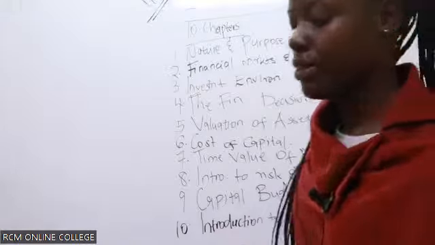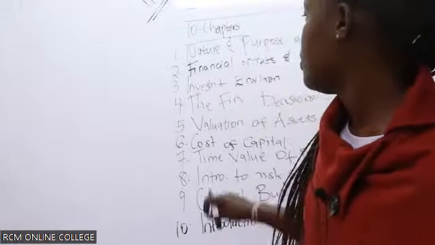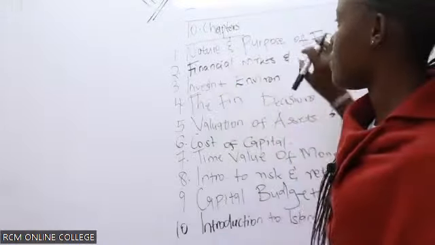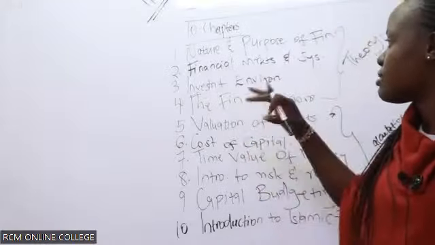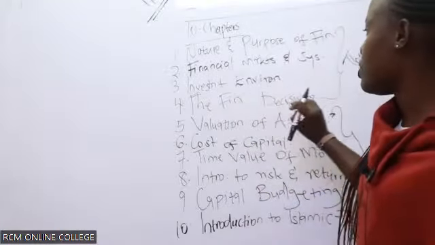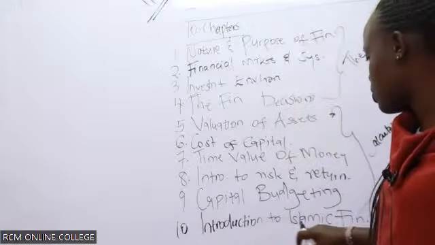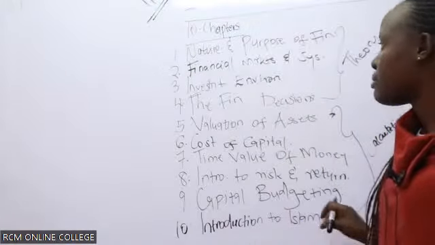But similarly, you also have to understand one or two things on the nature and purpose of finance, financial markets and systems, investment environment, the financing decisions and introduction to Islamic finance.